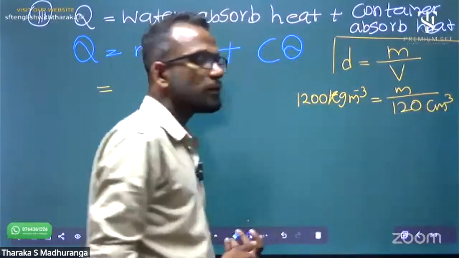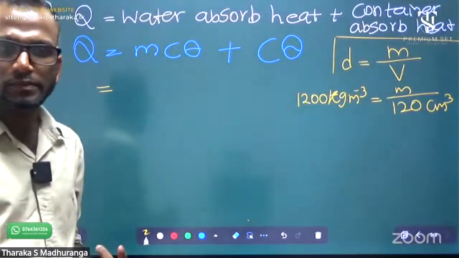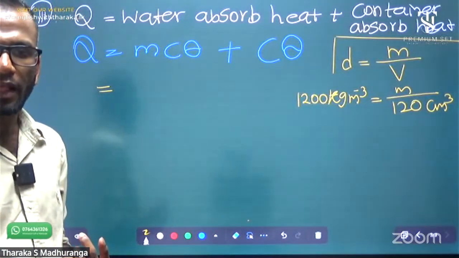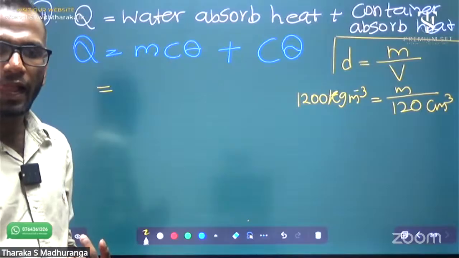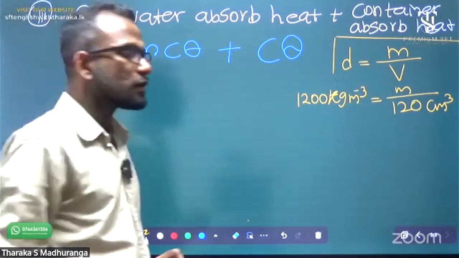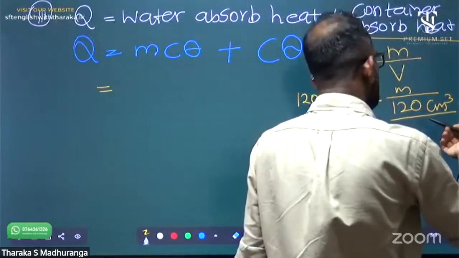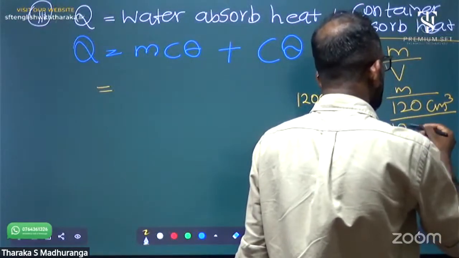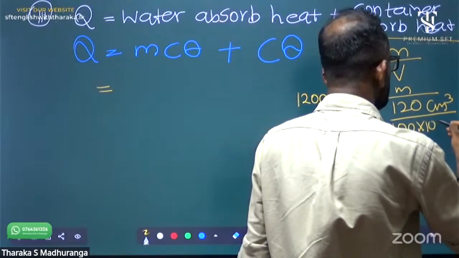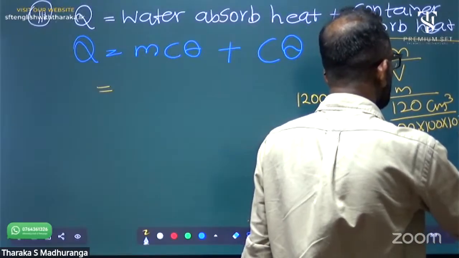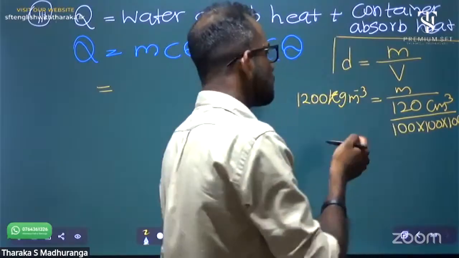Very good. Divide centimeter into meter by 100. Now it is 3 times. Why? It is cubic. Now you can cross multiply.